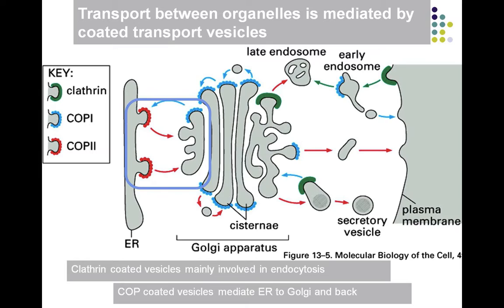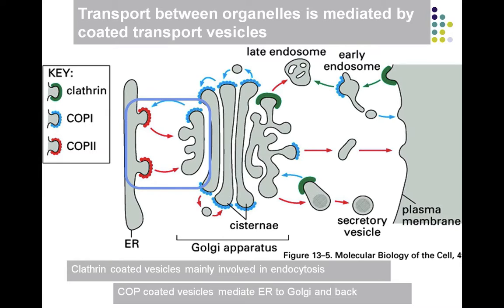The vesicles that shuttle the molecules are covered by COP1 coat proteins. So remember the difference between these three: clathrin, COP1, and COP2.